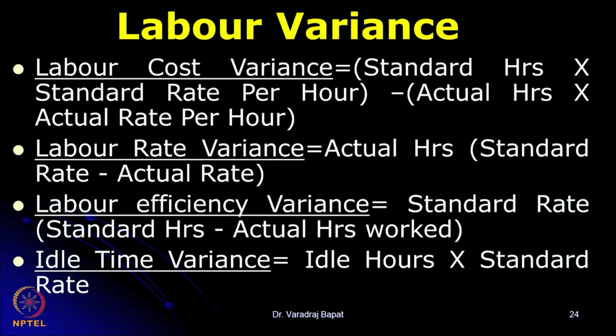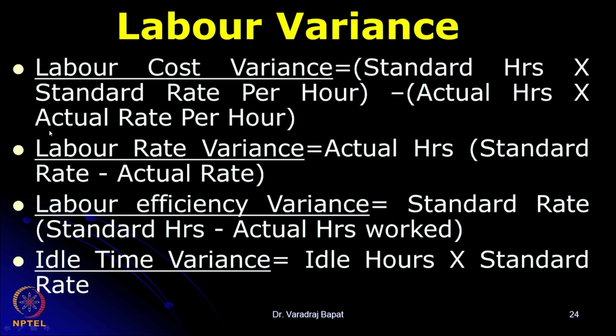So basically the labor variance is divided into two causes: rate related causes and efficiency or hour related causes. I will just show you the formulas. So the labor cost variance, this is the total variance, it is a comparison of standard cost with actual cost.